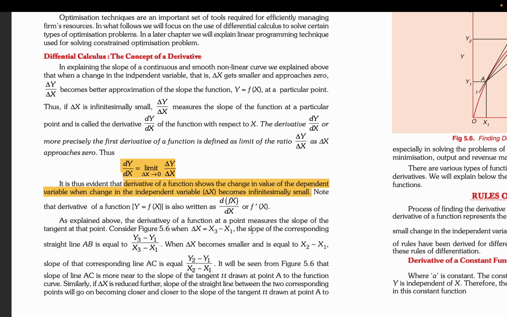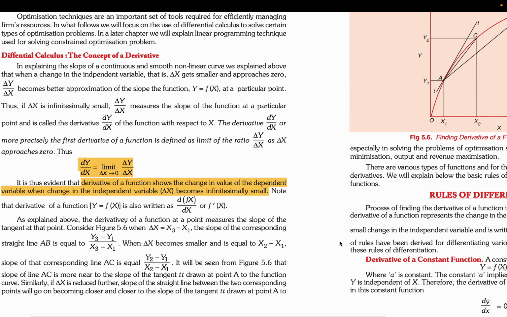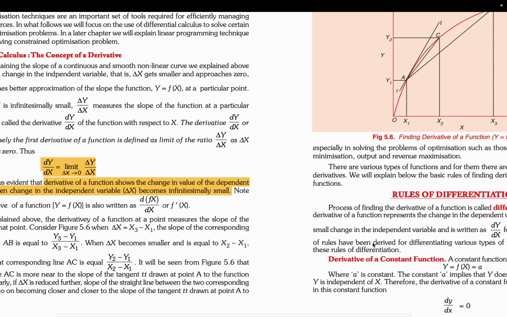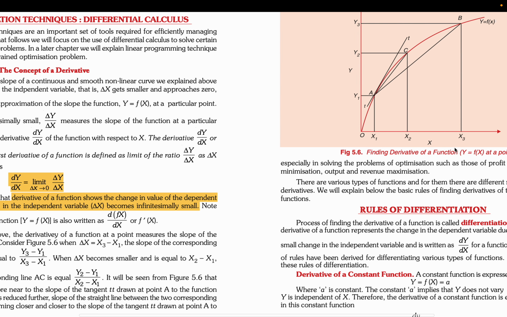Consider figure 5.6, where delta x is equal to x3 minus x1. The slope of the corresponding straight line AB is equal to y3 minus y1 upon x3 minus x1. So let's check x3 and x1. This is x3 and this is x1.